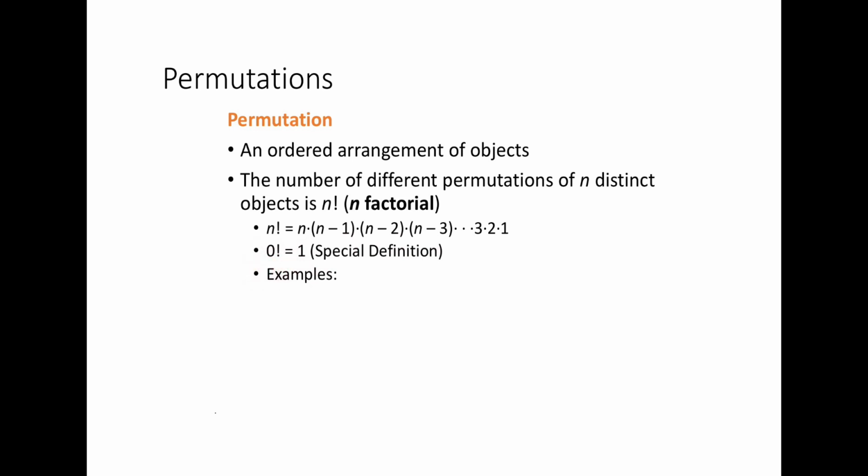Now you can see by this definition that 0 would be problematic, because if we subtract 1 from 0, we're at -1 and then -2, and we can't really have negative arrangements of objects. But 0 factorial comes about sometimes with some special definitions. We are going to look at how we actually use these in a bit.